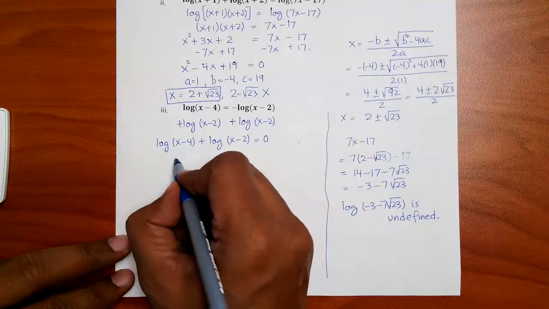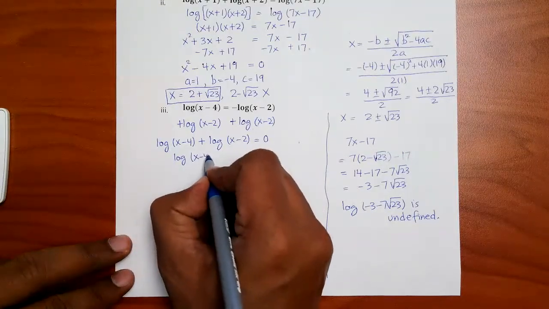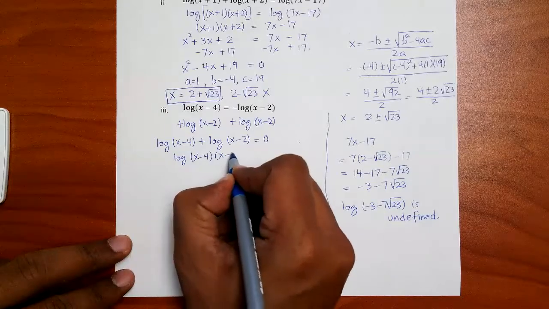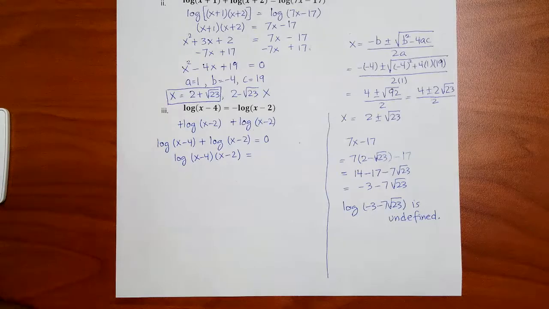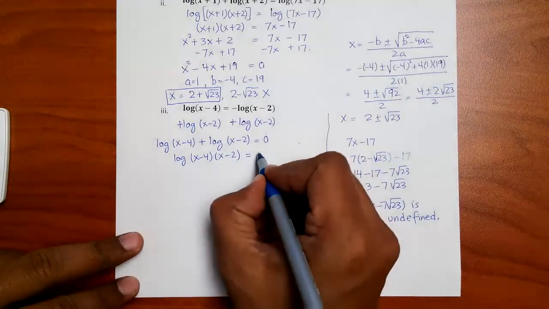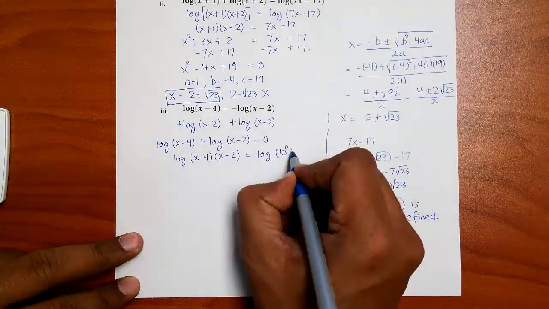Then we combine these, so we'll have log of (x minus 4) times (x minus 2) is equal to, now this we can write as log of 1, which is log of 10 power 0.